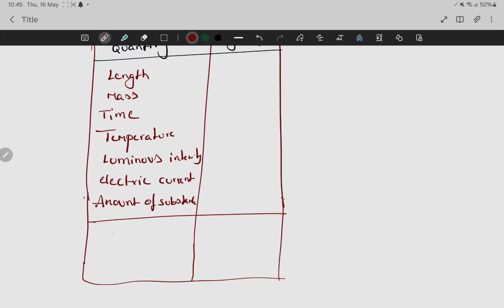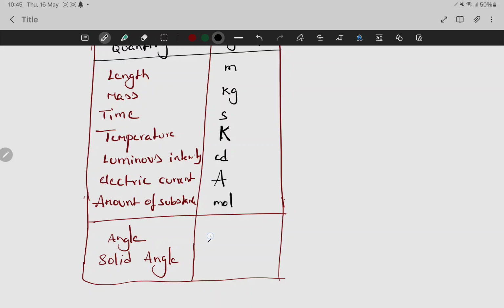Next, the complementary ones are angle and solid angle. Length is meter, mass is kg, time is second, temperature is Kelvin. Because it is a scientist's name, you have to write it with a capital letter. Candela, cd. Electric current, ampere, A, is written as a capital letter because it is a scientist's name. Amount of substance is mole, angle is radian, solid angle is steradian.